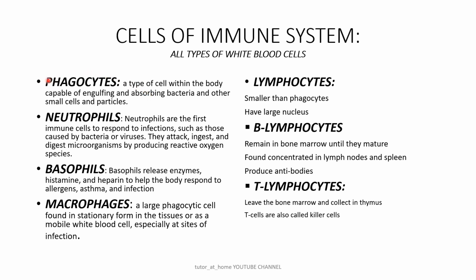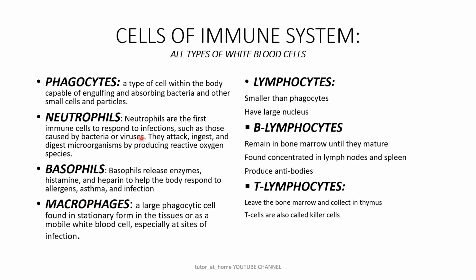The function phagocytes perform is they engulf the bacteria, virus, or any other pathogen and then dissolve it within the body. Which cells come under the phagocytic function? They are the neutrophils, basophils, and macrophages.